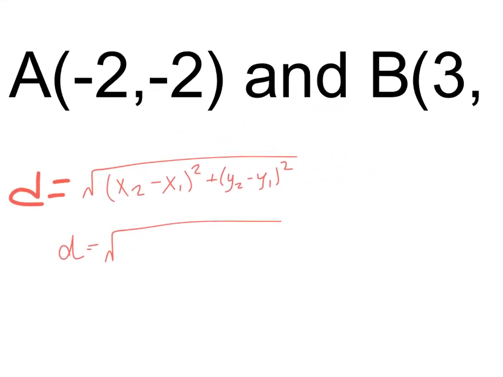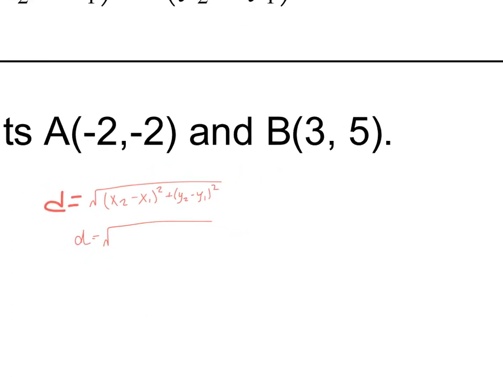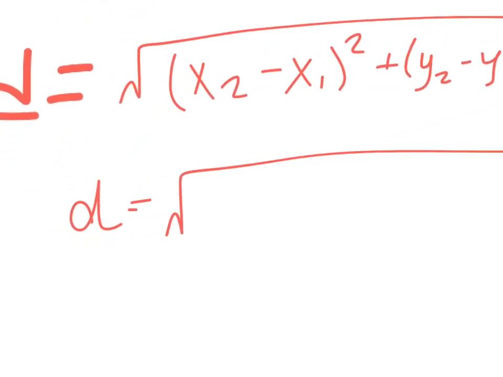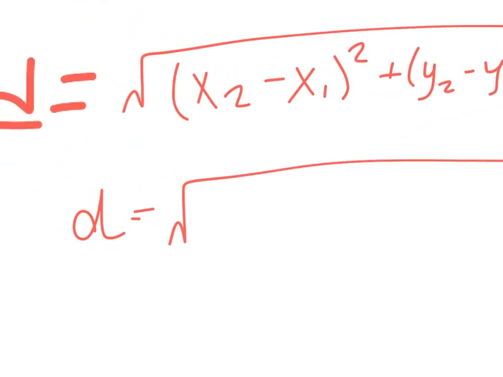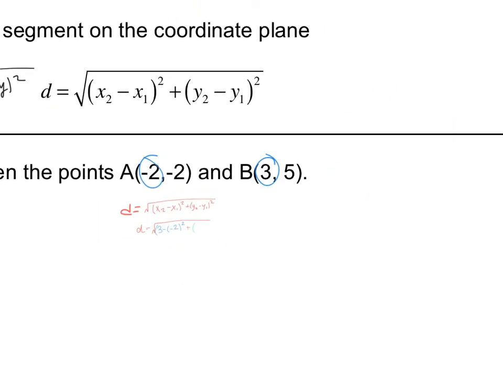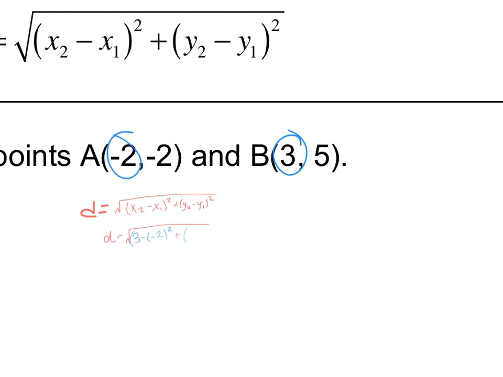Our x2 is 3, and our x1 is -2, so I have 3 minus a -2, squared, plus, I'll do this one in green now, 5 minus a -2.